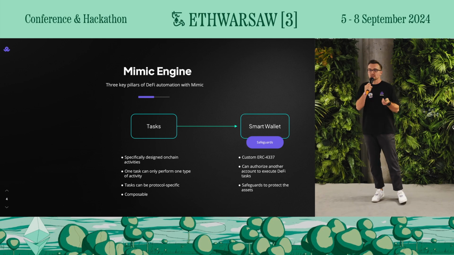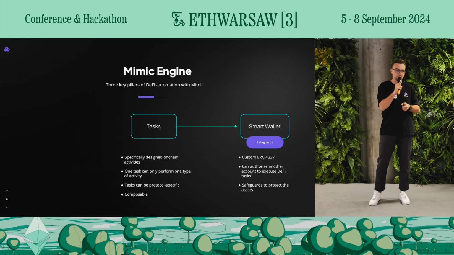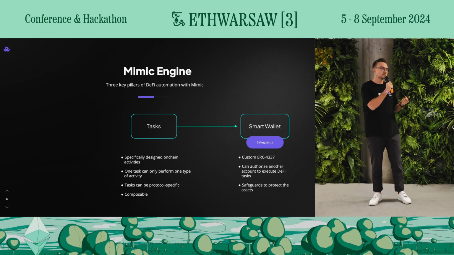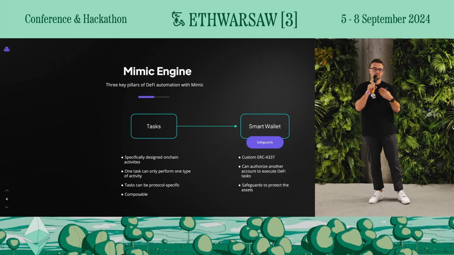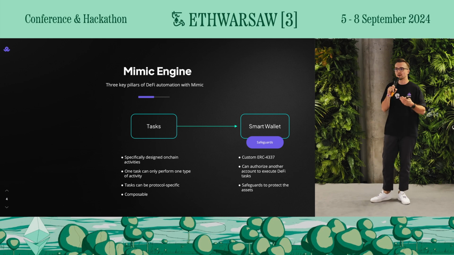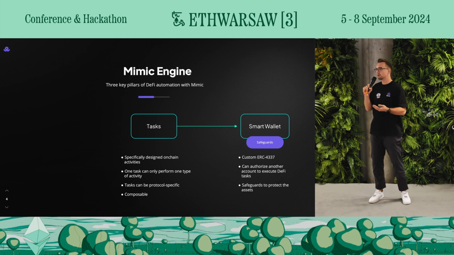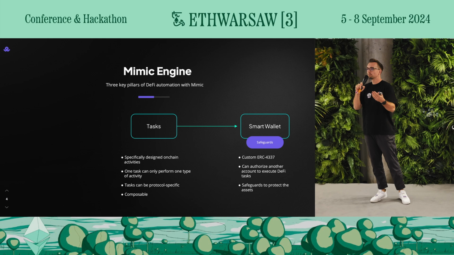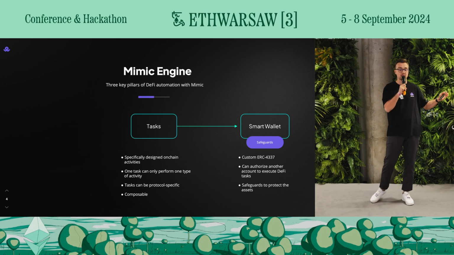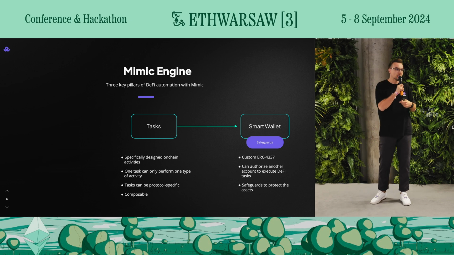All those tasks are executed on a custom deployed ERC-4337 account, a smart wallet. That wallet gives us a few different features. First of all, it can authorize a third party to create tasks and execute tasks on behalf of that account. So you can have someone else executing transactions on behalf of your smart account.